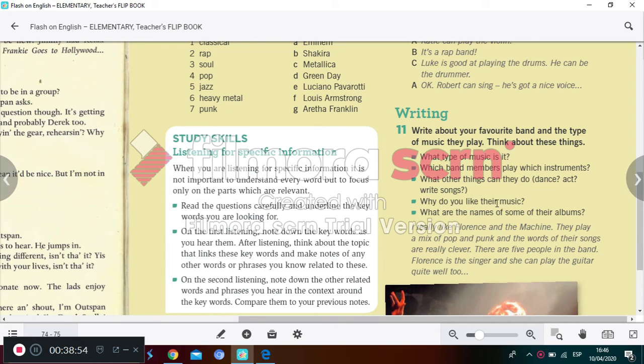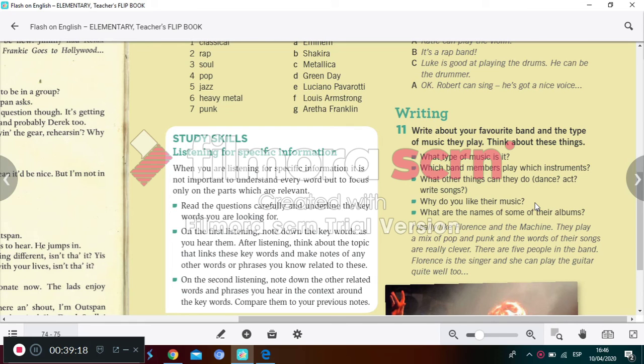Why do you like their music? I like their music because I feel happy when I listen to Grupo 5 music. I like the name of the song. I don't know, a ver, me perdió el corazón.